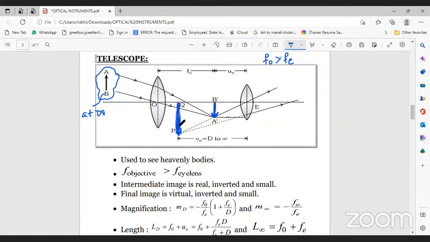But if the object is placed at infinity, you get a very, very small image compared to the object. So you are getting a final image which is virtual, inverted, and small in size.